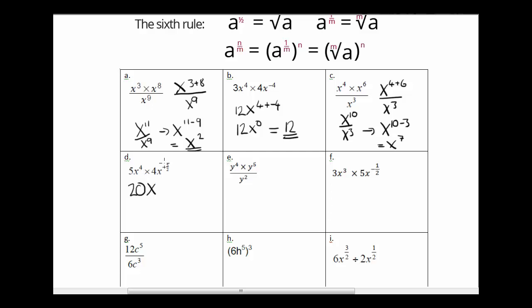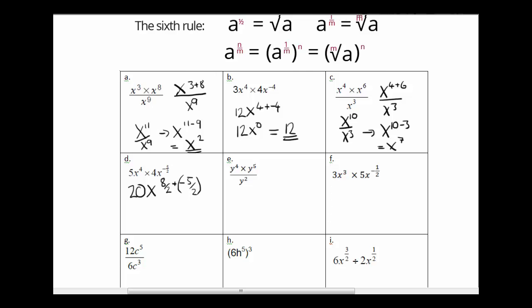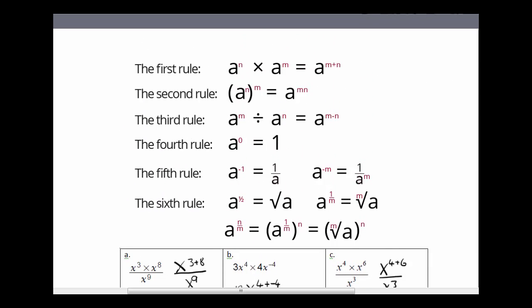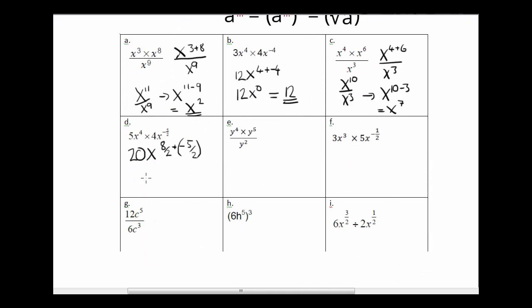Now 4 in terms of halves is 8 over 2, plus minus 5 over 2, because we're just going with this times rule. So what we'll end up with is 20x, and 8 minus 5 is 3, so that's to the power of 3 over 2.